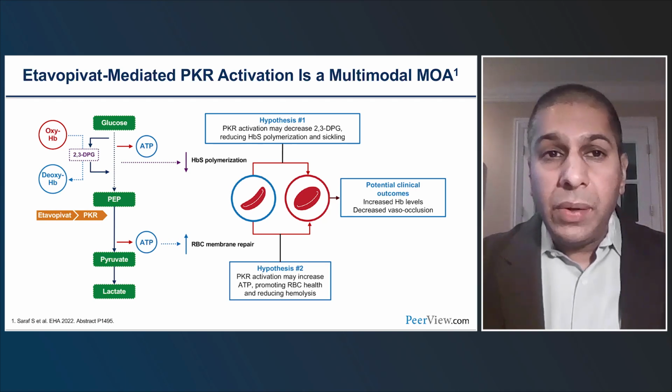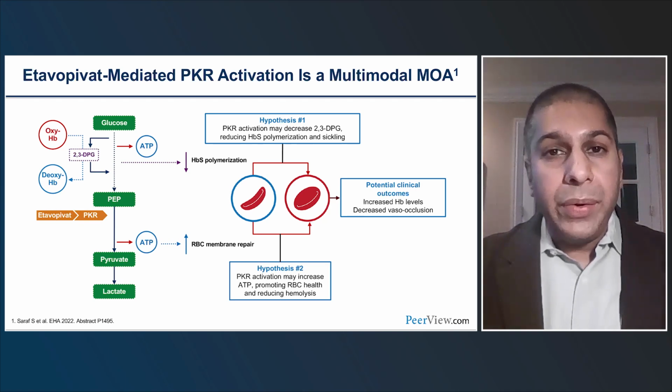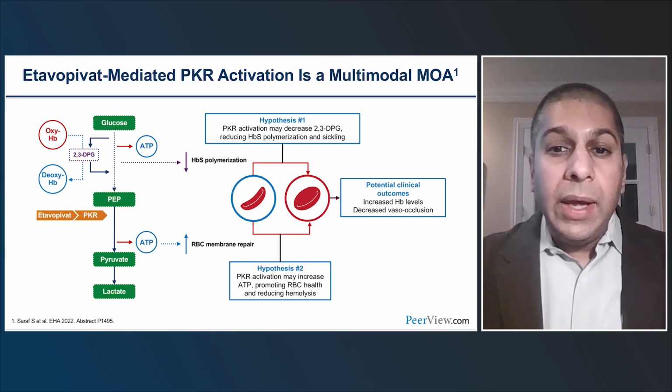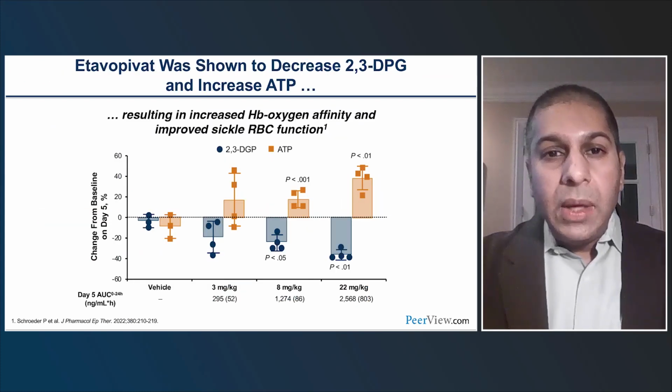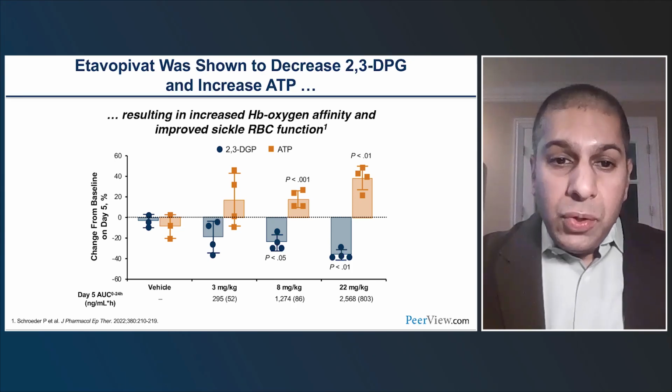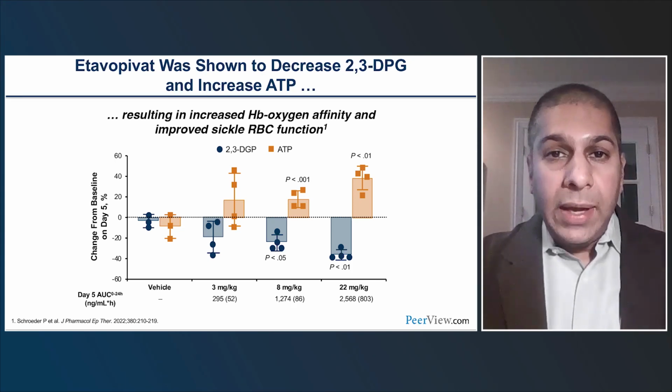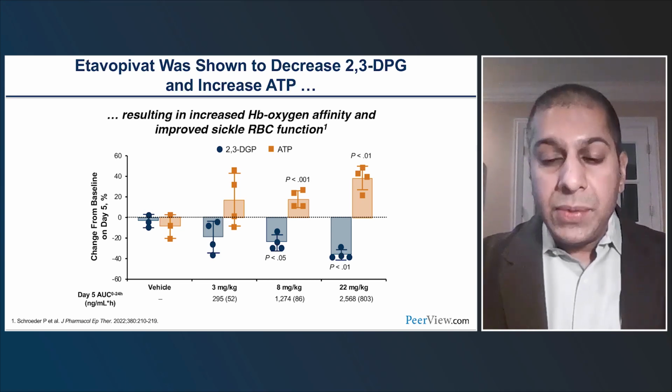The potential clinical outcomes that have been evaluated are whether it improves hemoglobin concentrations, reduces hemolysis, and reduces rates of vaso-occlusion. As a proof of concept, when people have been treated with etavopivat, you do see that levels of 2,3-DPG go down and levels of ATP go up in the red blood cells.